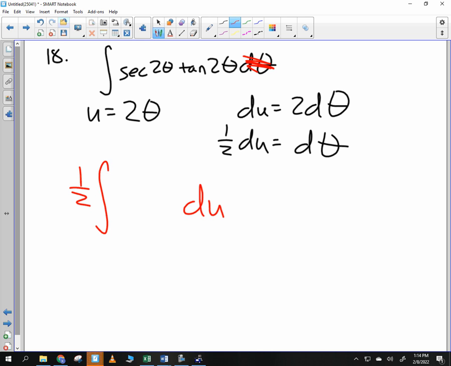And to most people, that doesn't make them happy. But if we just sit and look at it for a second, we'll have secant of u times the tangent of u. And this is where sometimes we just kind of forget the good old days of first semester. What do you take the derivative of to get secant tangent? Secant. So the antiderivative of secant tangent is secant. So it ends up just being 1/2 secant of 2 theta plus constant.